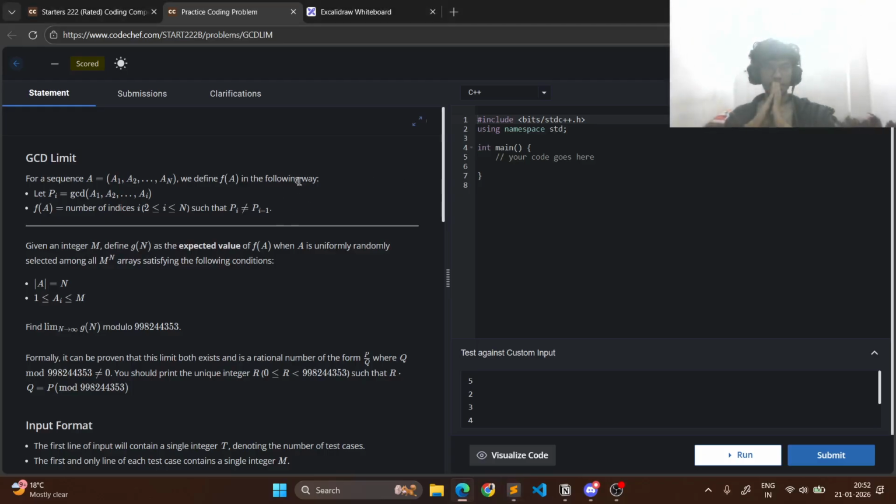So for a sequence from A1 to AN, we define f of A in the following way. Let P of I equal GCD from A1 to AI, f of A equals number of indices.